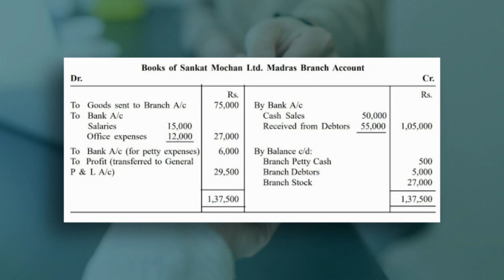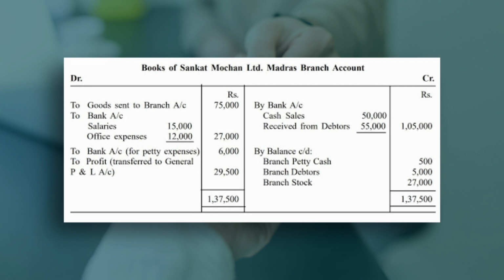Salary is 15,000, office expenses 12,000. So, the total is 27,000. Yes, salaries of branch staff paid by head office 15,000 and office expenses of branch paid by head office 12,000. Then to bank for petty expenses 6,000.